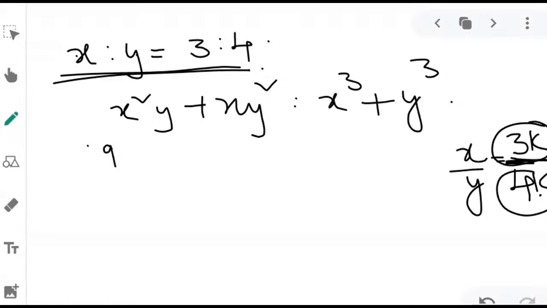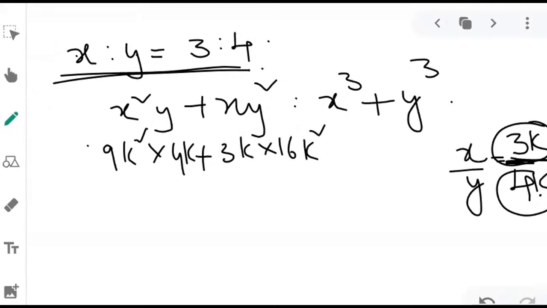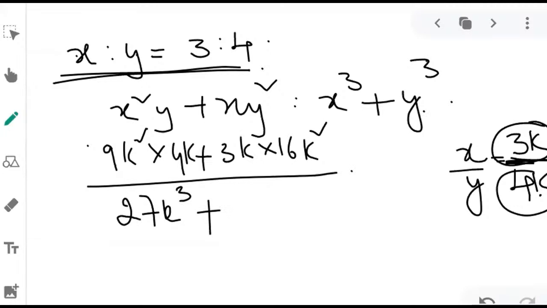3k square is 9k square into 4k, plus 3k into 16k square, by 3 cube is 27k cube plus 16 fours are 64k cube. What is common in both? K square into k is k cube. Here also k into k square is k cube.